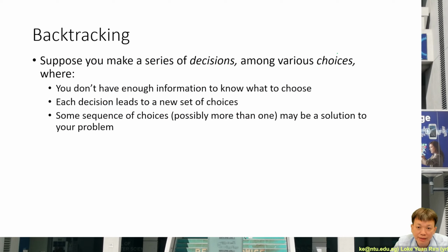And why is this idea very useful? In our daily life, suppose you have a series of decisions and a lot of choices. Of course you don't know the solution. If you knew the solution, you wouldn't need to try all these possible cases.